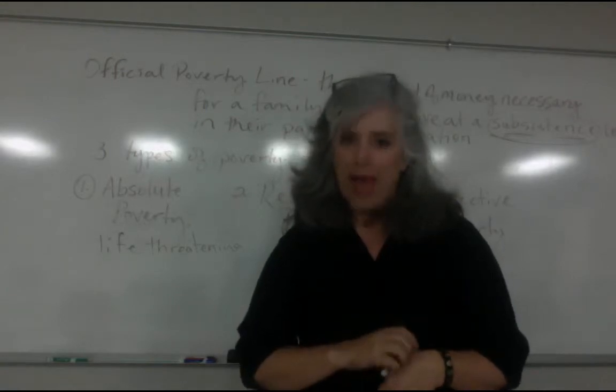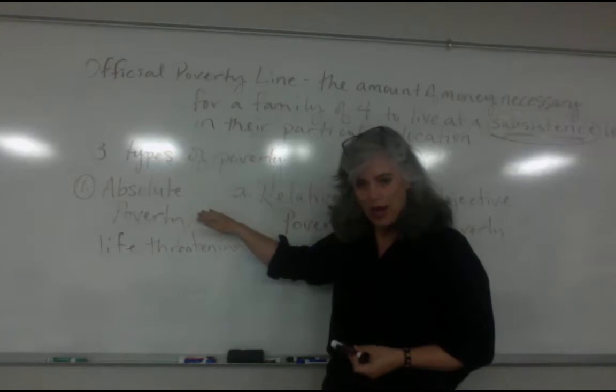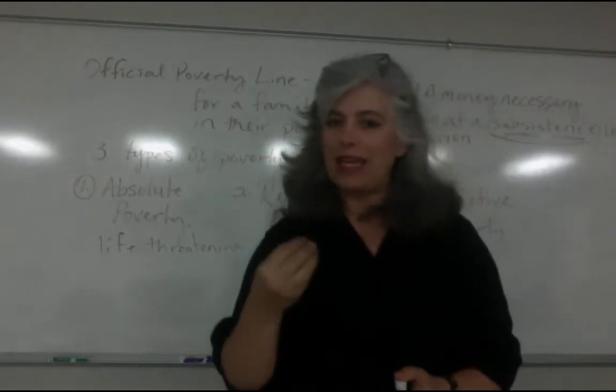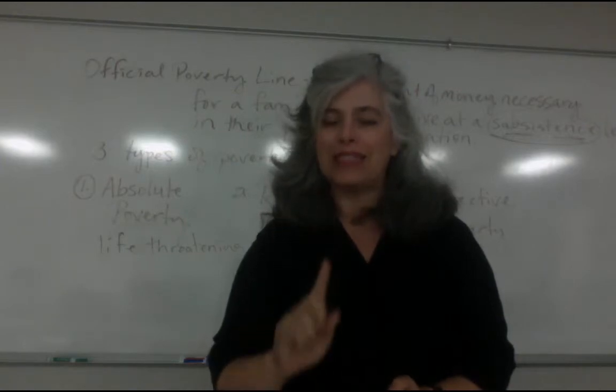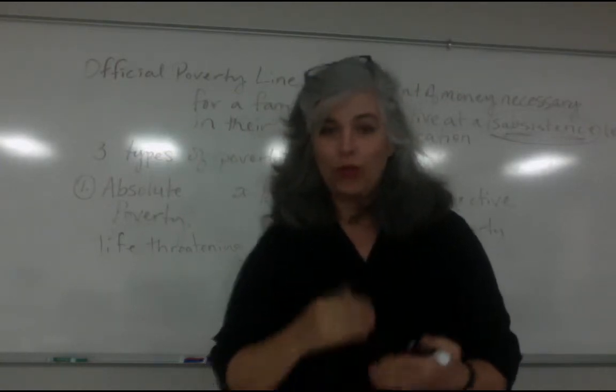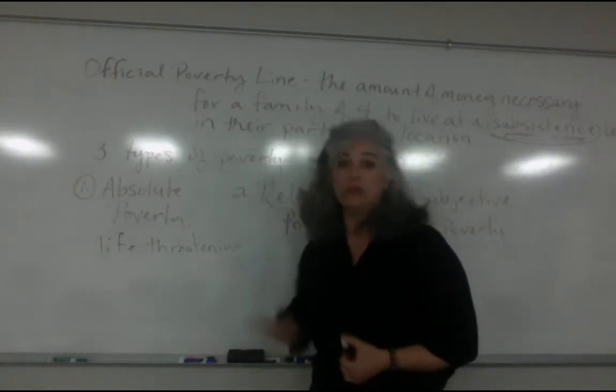And the World Bank measures absolute poverty conditions worldwide. They calculated that if an individual has less than $1 a day available to provide for their subsistence needs, then they are in absolute poverty conditions.